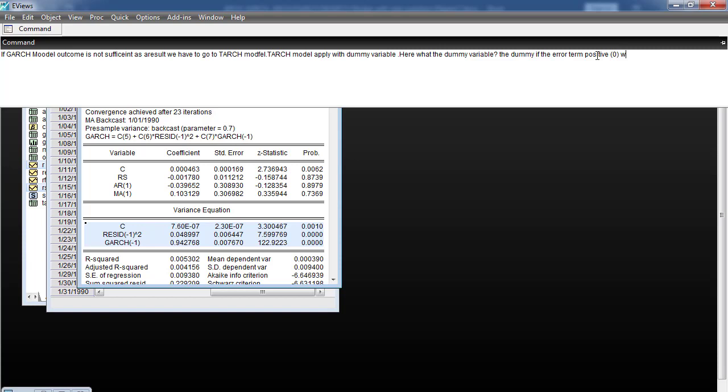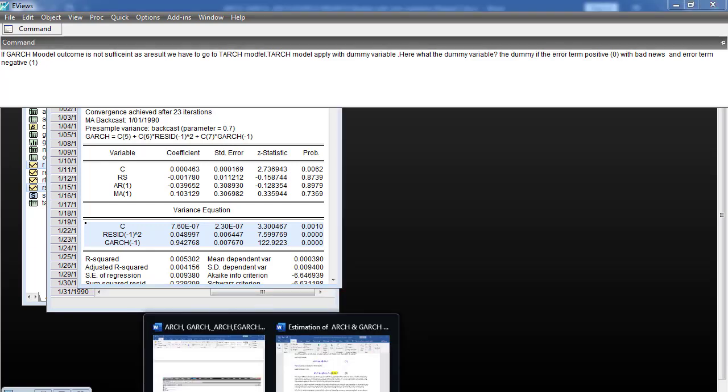If the error term is negative, which is bad news, it is given the value 1.